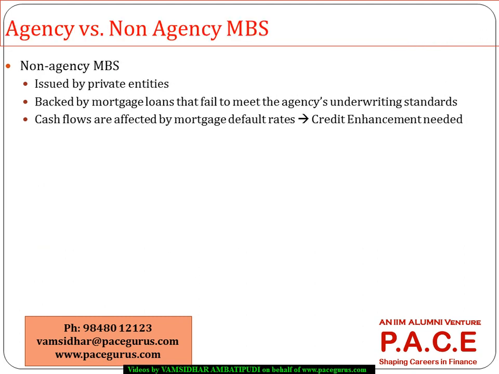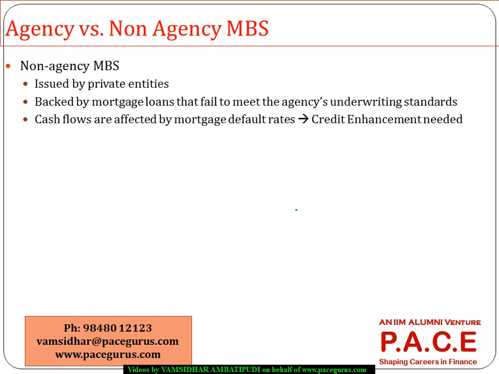The next aspect that is worth looking at in this context is, when we talked about agency backed securities, we said that they are issued by government or government sponsored entities. But the non-agency securities are generally created by private entities, and the biggest thing is the backing pool also consists of those mortgage loans which don't qualify under the agency's pool.